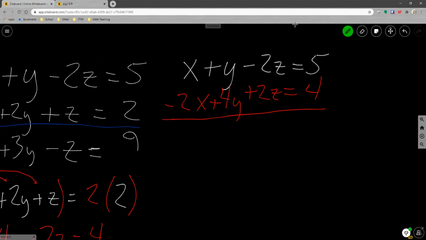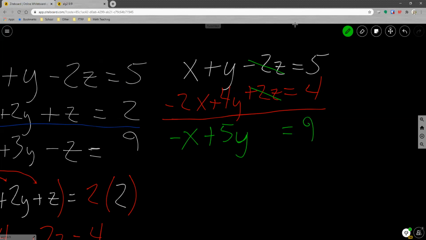And if I add these 2 equations, x plus negative 2x is the same as saying x minus 2x. I get negative x. Y plus 4y gives me 5y. And then the negative 2z and the positive 2z end up canceling each other out. They become 0z or 0. So I don't have to write the z's. And then finally, 5 plus 4 gives me 9.